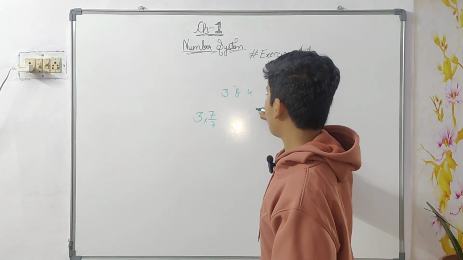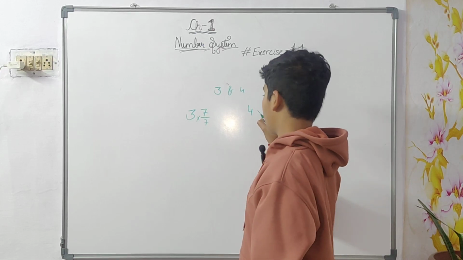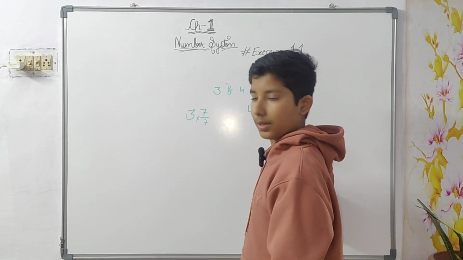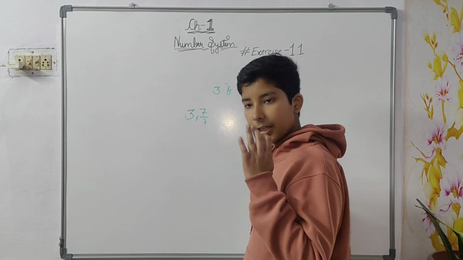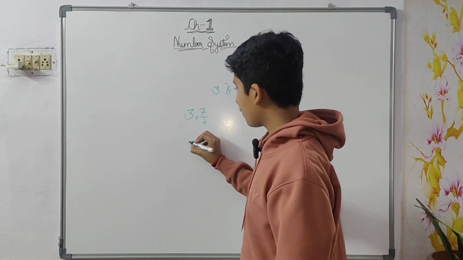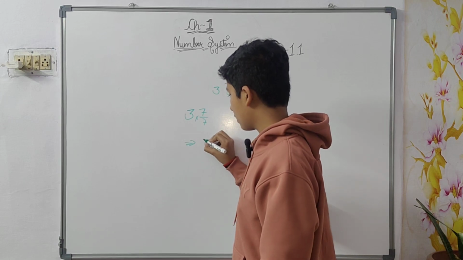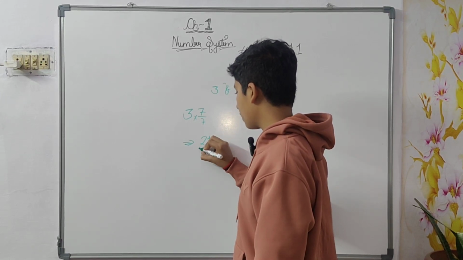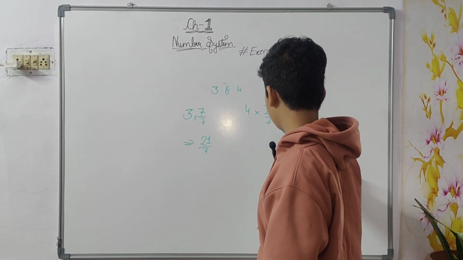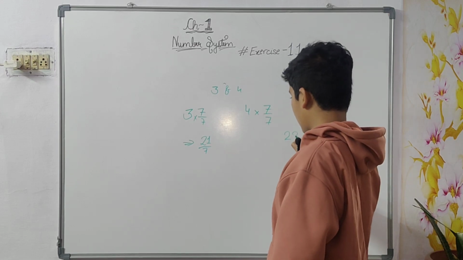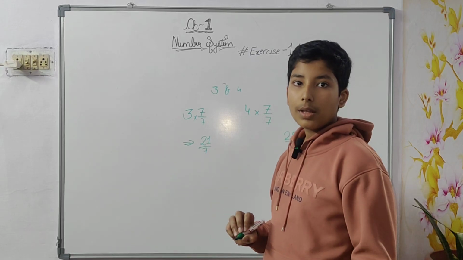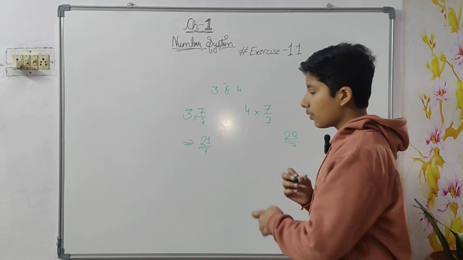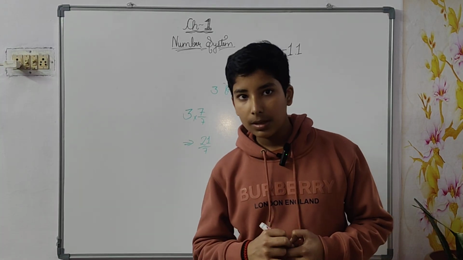Now same with the 4. 4 into 7 by 7. Now, the answer will be 21 by 7 and 28 by 7. Now, there are total how many numbers between them? 6 numbers.